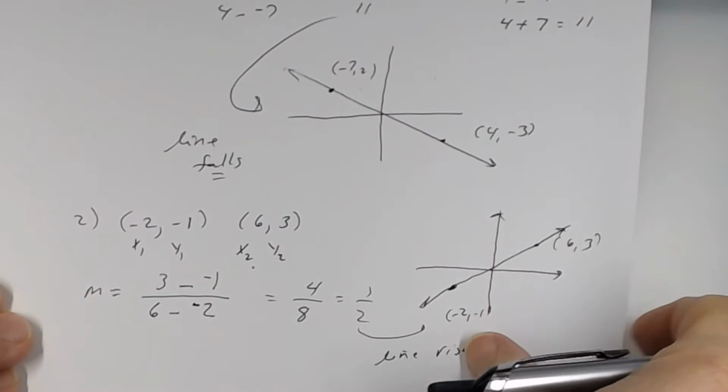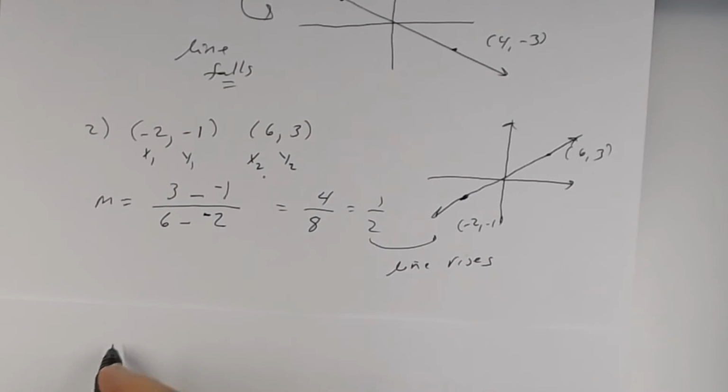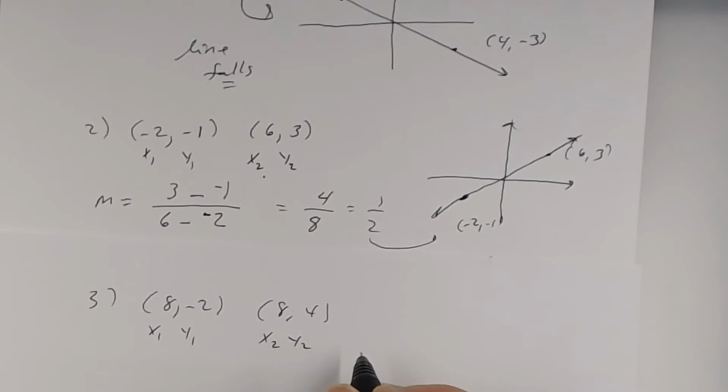Okay. Let's look at number 3. Let's suppose my points are 8, negative 2, and 8, 4. Okay, you find the slope. You can label your points x1, y1, x2, y2.